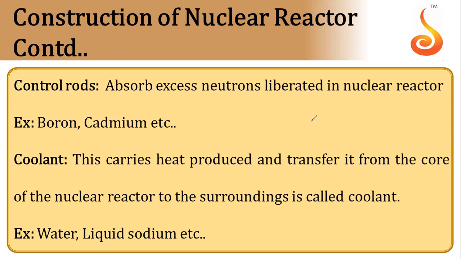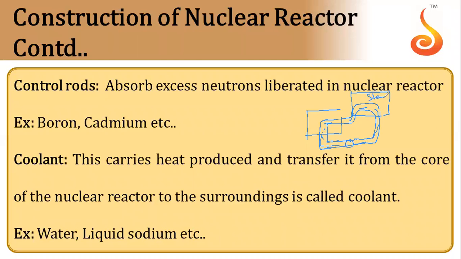If you remember that diagram, that was the nuclear reactor, and from that there was a tube which was going on like this, and it was coming back to the nuclear reactor through the pump. There was a pump here. So coolant is filled in this tube, so it moves like this, and here there was a steam generator.